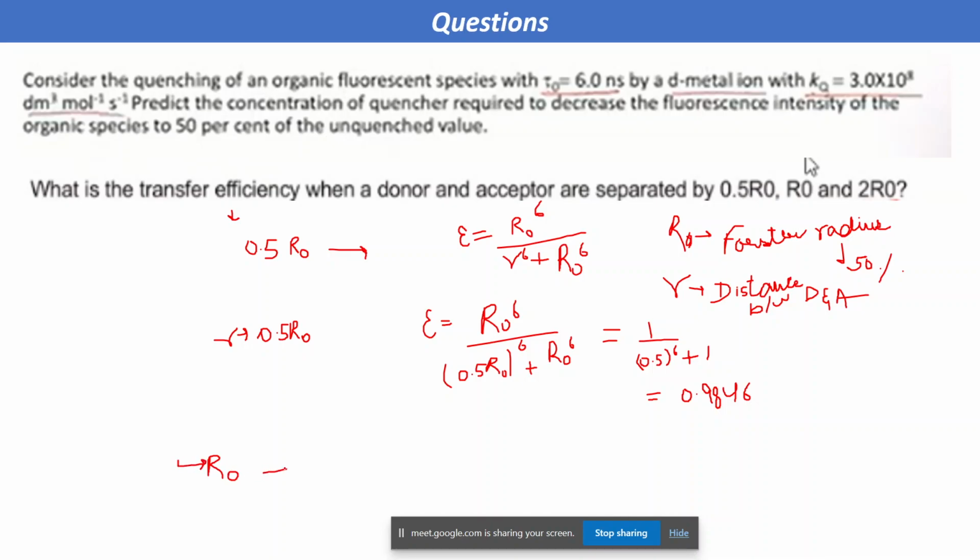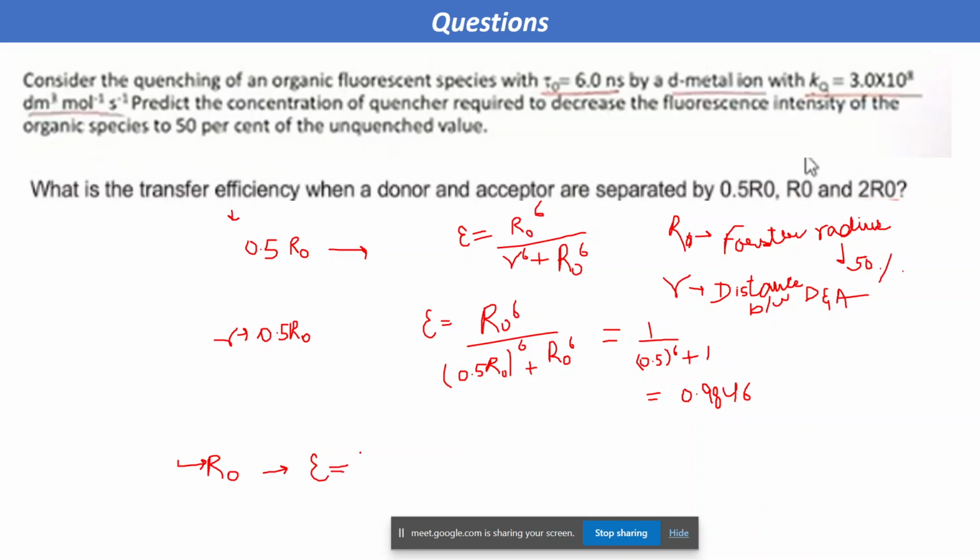Just tell me what will be the energy transfer efficiency here. 0.5, correct. It will be 0.5.